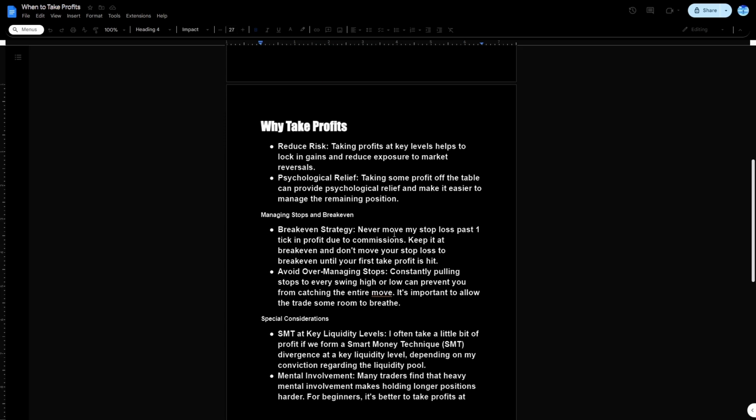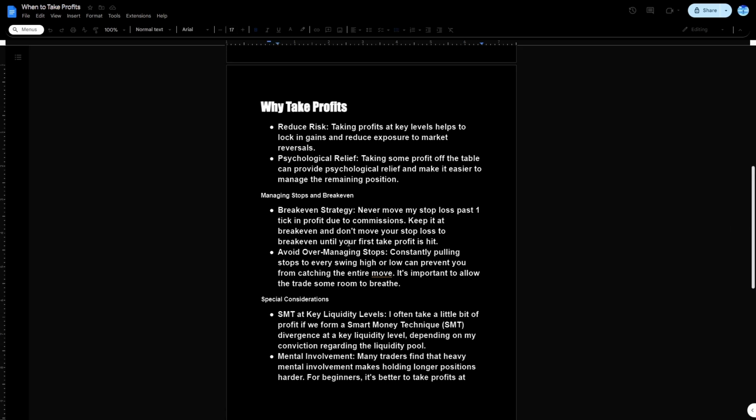I never move my stop loss past one tick in profit due to commissions. I always keep it at break even, and I never pull my stop into profit until my first take profit is hit. I don't move it to break even until my first take profit is hit. And I want to clarify, I never move it to stop some profit.